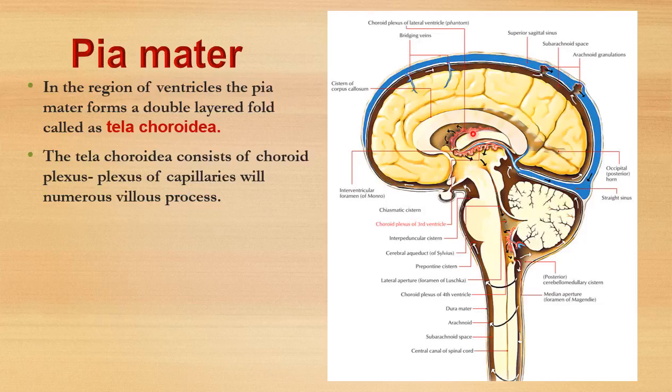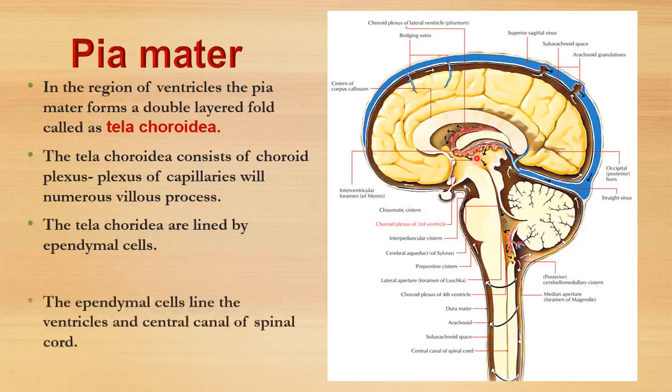Okay, so these choroid plexus are actually capillary plexus, which are again lined by the ependymal cells. They are actually the choroidal ependymal cells. Ependymal cells you have are again of 2 to 3 types, mainly the choroidal ependymal cells, which line the choroid plexus.